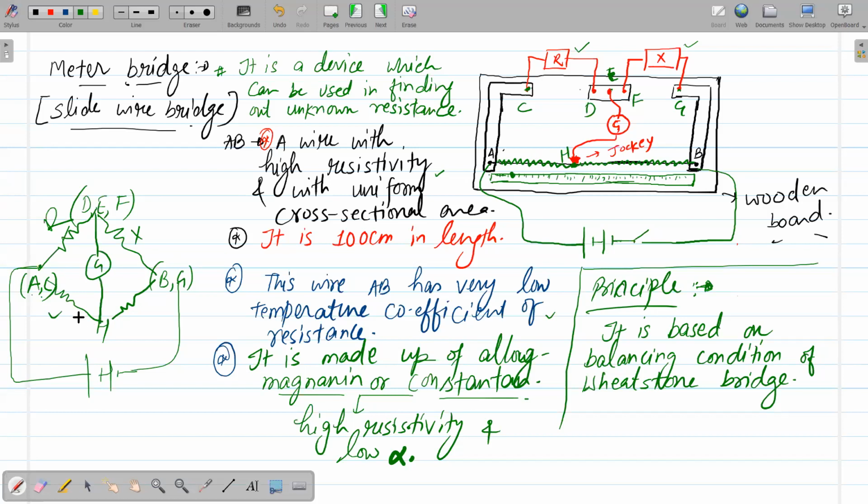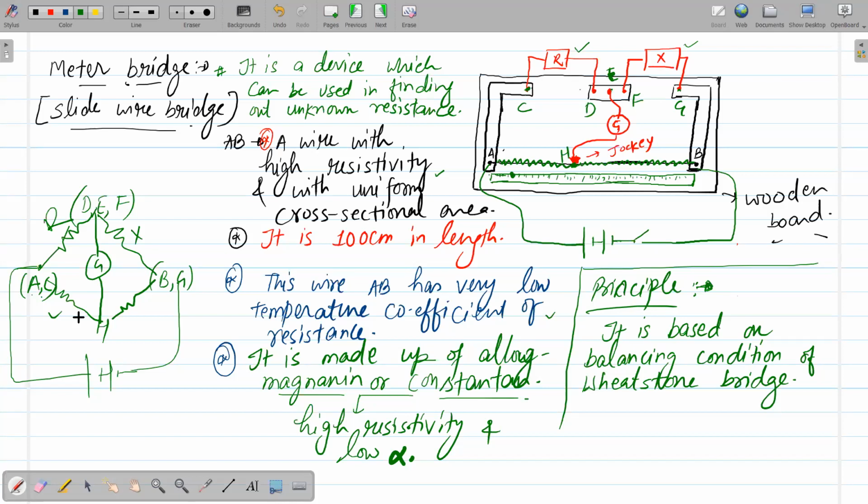Now you can see the Wheatstone bridge appearing in this circuit, in this diagram. Tell me now, is this clear to you all, how the meter bridge is based on Wheatstone bridge? Now, you know about the balancing condition of Wheatstone bridge? Because I have just mentioned the principle, and what does this principle say?